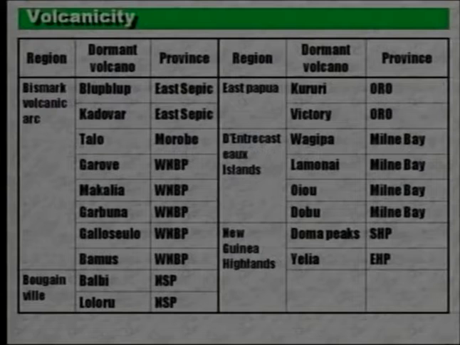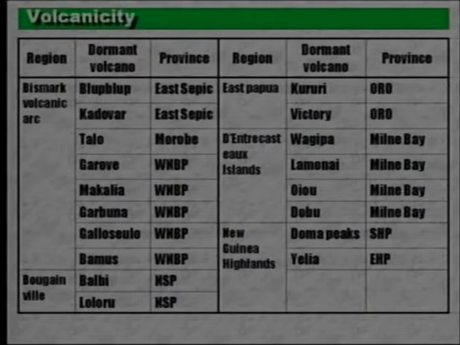Balbi and Loloru are in the North Solomons province. Kururi and Victory are found in Oro province. Wagipa, Lamonai, Oyo, and Dobu are found in the Milne Bay province.